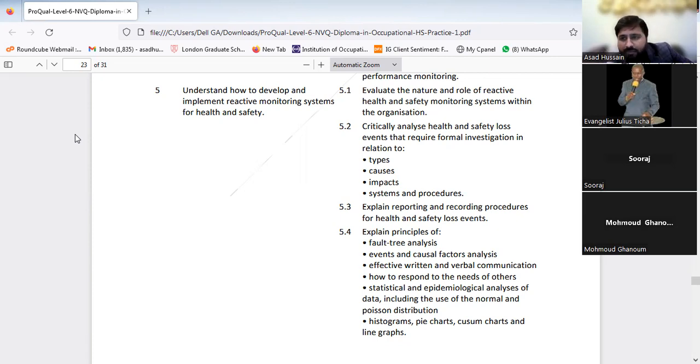So you have to explain all of these, because fault tree analysis is used to find out the fault reasons, etc. Basically these are analysis techniques we use normally. On statistical and epidemiological analysis, I have explained a lot, but the rest I will leave for you. So you have to explain how these can be used in your organization, or how your organization is using these analyses.